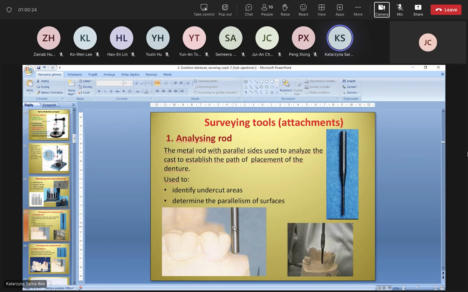It is used to identify undercut areas, as you see here. This analyzing rod can show us the undercut here in the tooth. Also, the analyzing rod is used to determine the parallelism of two surfaces. We can check using this element if those two surfaces are parallel to each other.